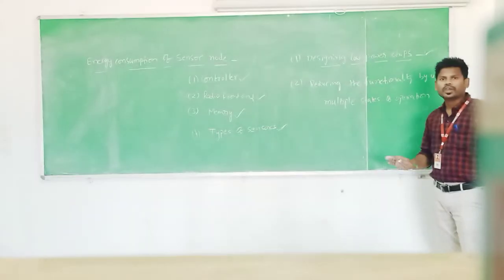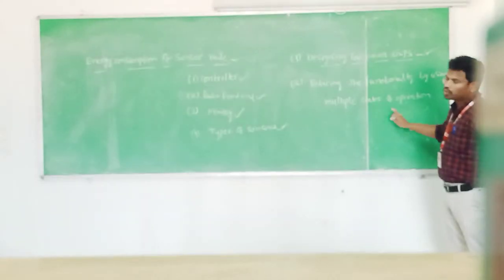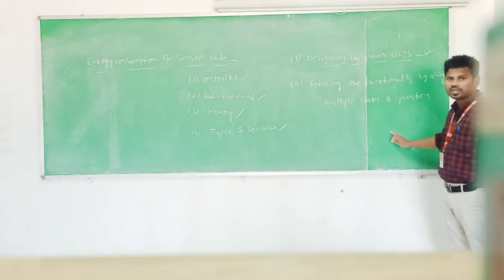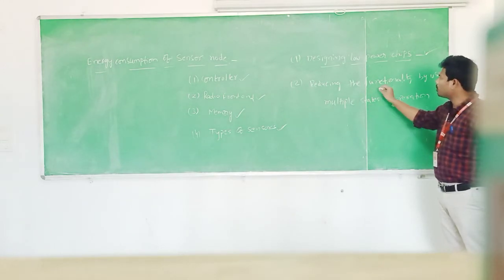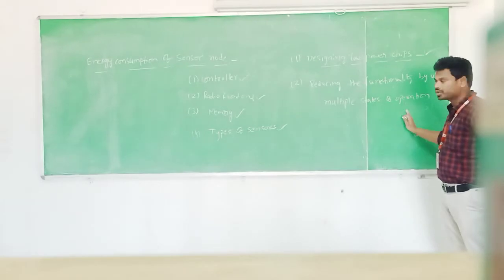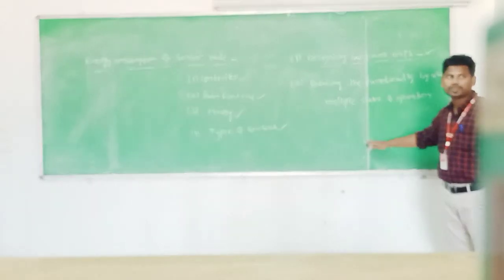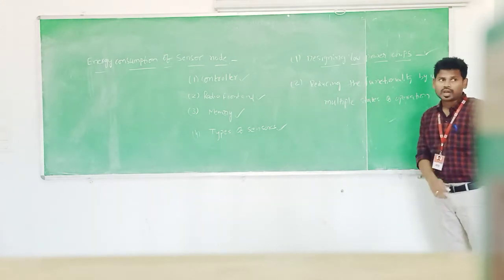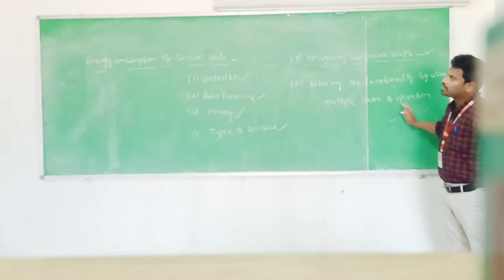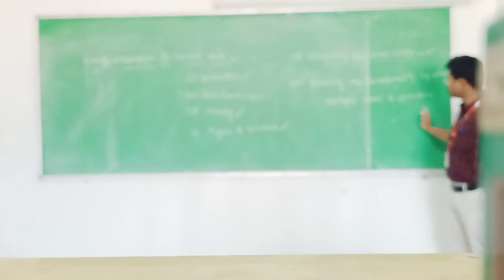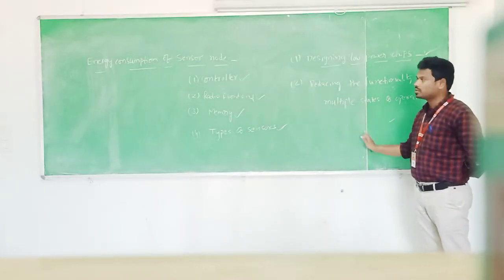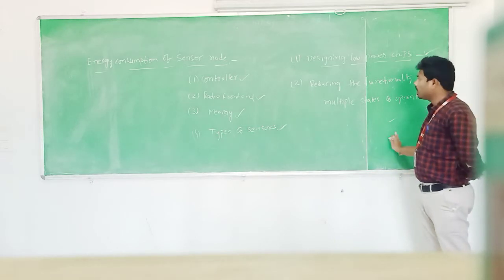Suppose if you want to do a function, we can do it in several steps instead of a single step. Suppose if you want to complete one function in 2 steps, and you extend the 2 steps into 4 steps, then it can reduce energy consumption or power consumption. So this is the second method to reduce the power consumption or energy consumption in wireless sensor networks.